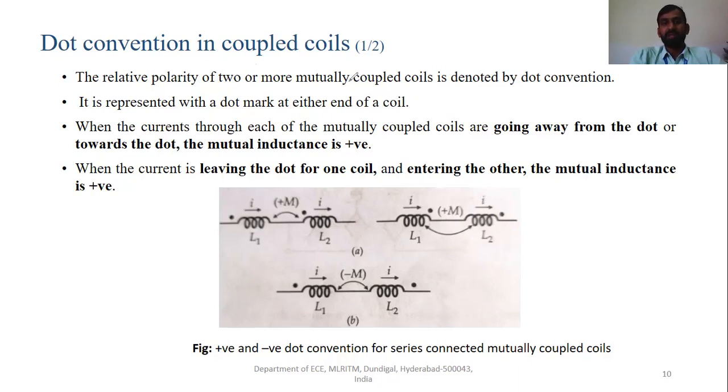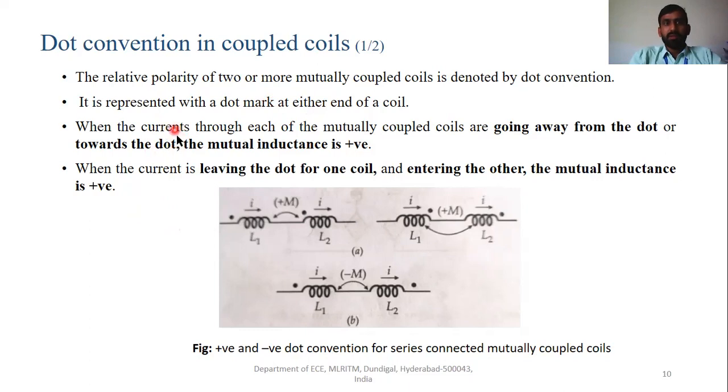Here you can see an example of it, which shows the positive and negative dot convention in the case of series connected mutually coupled coils, right? To define whether the mutual induction is negative or positive, we are going to use the dot convention.